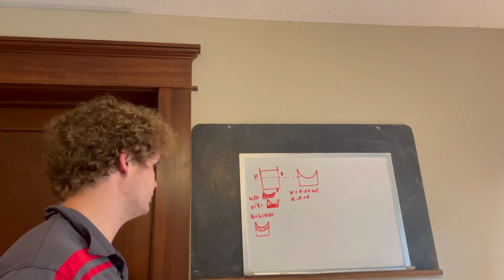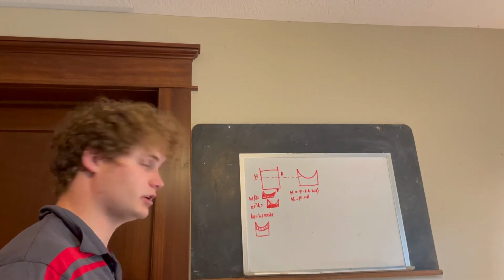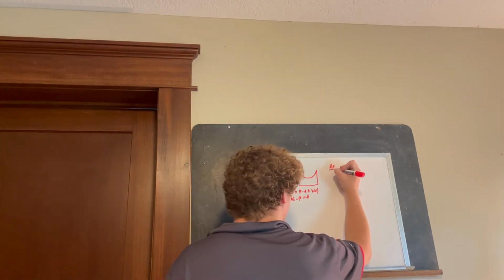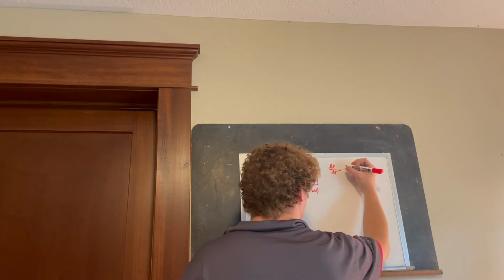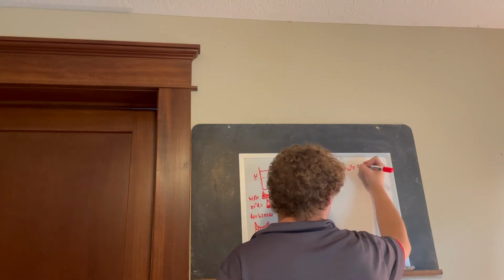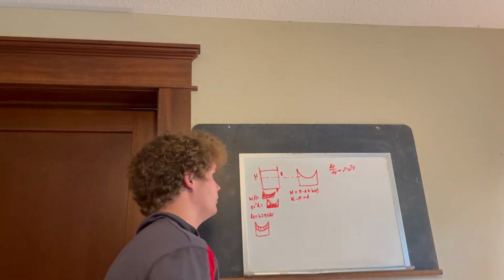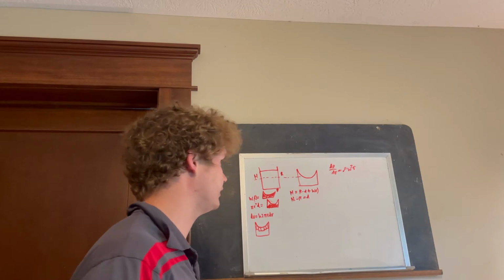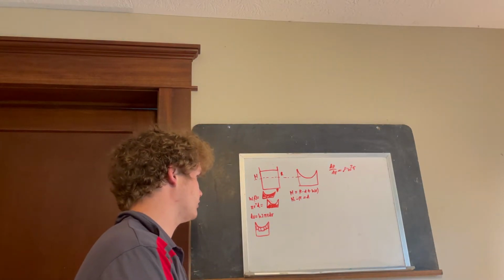So to start this equation off, we're going to be looking at the change in pressure over the change in radius. So the change in pressure over the change in radius is equal to the density times the angular velocity squared times the radius.